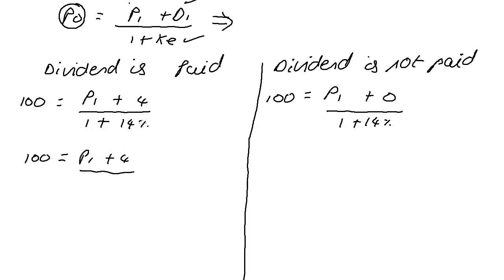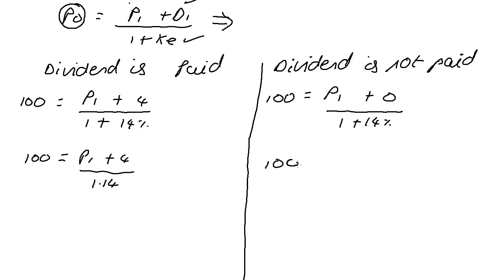Now remember, 14% means 14 upon 100, which is equal to 0.14. Remember this calculation. Now we have 1 plus 0.14, therefore 1.14.